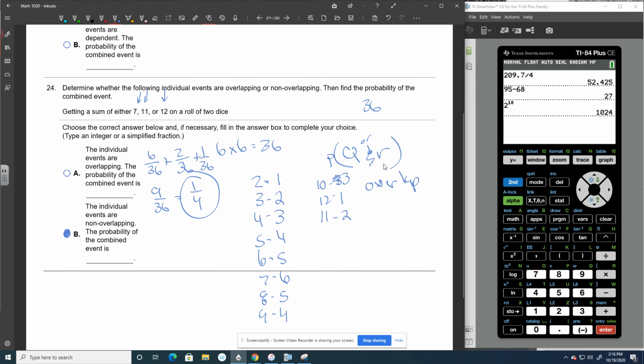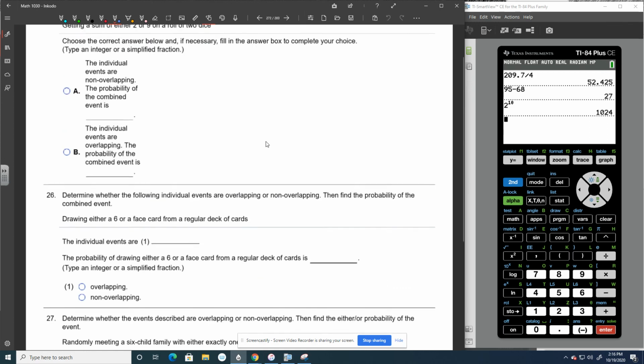And again, I like that question, but it requires you to understand a lot about dice. Or you have to say, okay, well, if I got a 1 and a 1, or a 1 and a 2, or a 1 and a 3, or a 1 and a 4, a 1 and a 5, a 1 and a 6. Well, these are going to add up to 2, to 3, to 4, to 5, to 6, to 7. And you're going to have to consider all those different combinations if you don't play with dice a whole bunch.